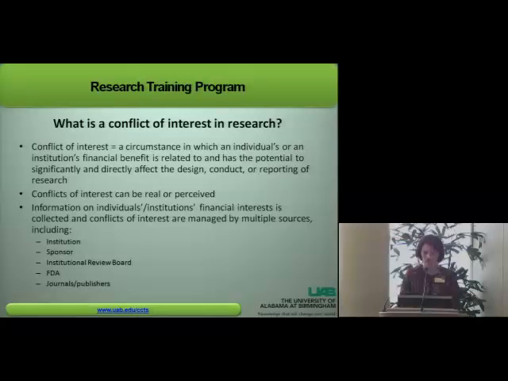As I mentioned earlier, conflicts of interest can be real or perceived. In many ways, when we're managing conflicts of interest, we're managing people's perceptions, because really perception is reality as it relates to conflict of interest.